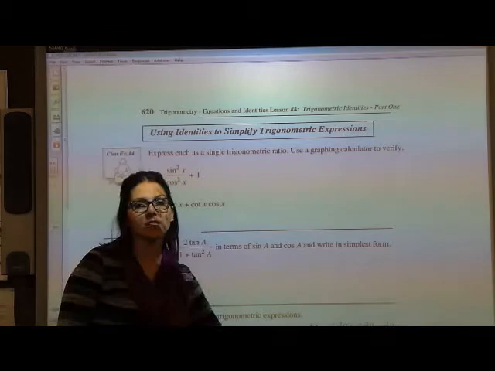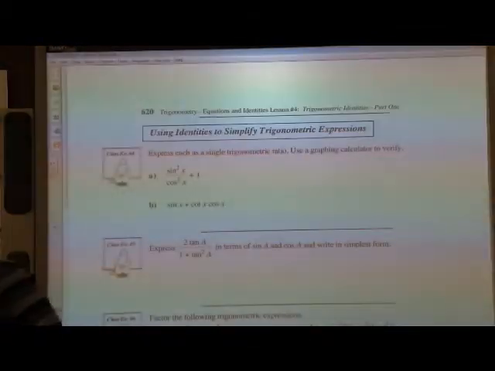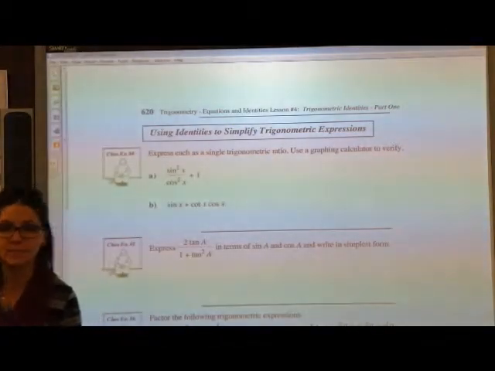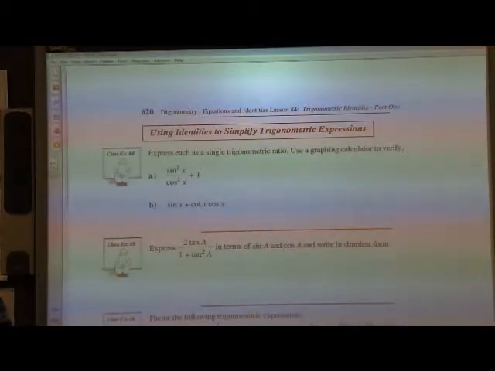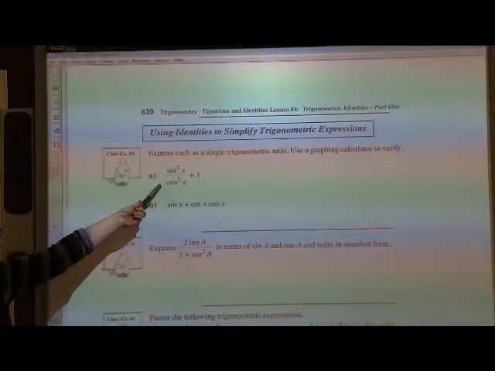If we have sine squared x over cos squared x plus 1, we have a fraction being added to a whole number. So we need to convert these both into fractions. In order to add them, I need to write 1 as a fraction with a common denominator. What denominator do I already have?